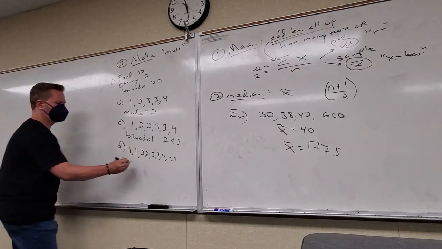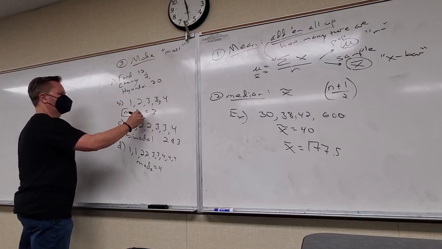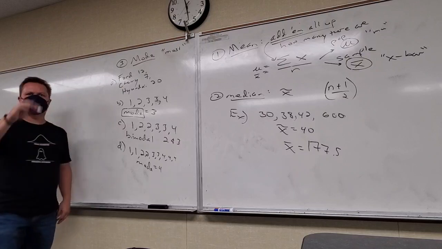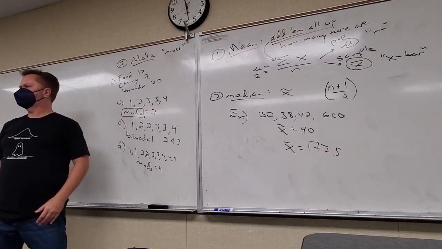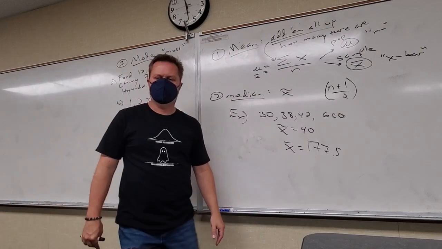The mode there is 4. And there's no symbol for mode. I think one semester we made one up just because poor little mode got left out. I think we used capital M, but it doesn't matter. There's no real symbol for mode. Poor little dude.